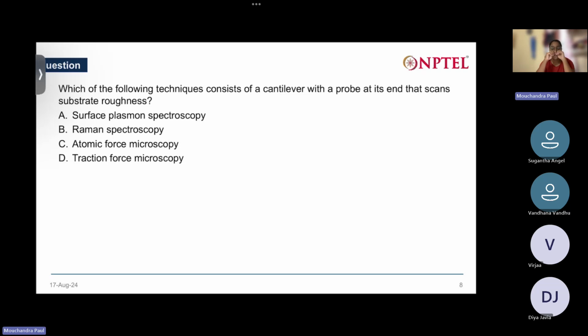Am I audible? I think it's option C. Option C. Yes, you're correct. It is atomic force microscopy where we did see in the images where they were using cantilever with a probe, and the images that it gave beautifully captured the surface morphology where it was depth, where there was some trough. That means it beautifully captured the surface roughness.